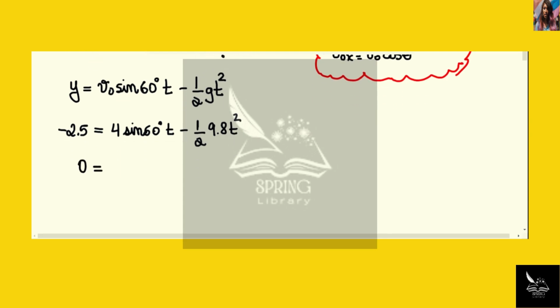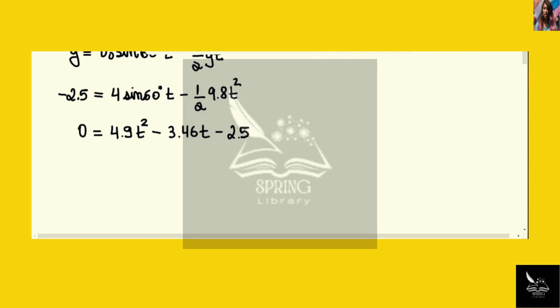So this is 0 is equal to, I'm going to multiply it all by minus 1. So this is 4.9 times t squared minus 3.46 times t minus 2.5.